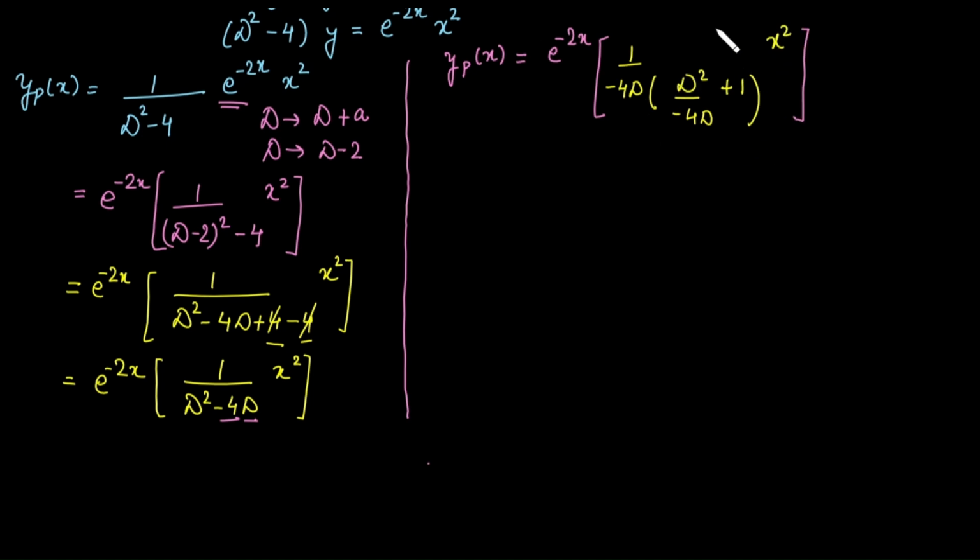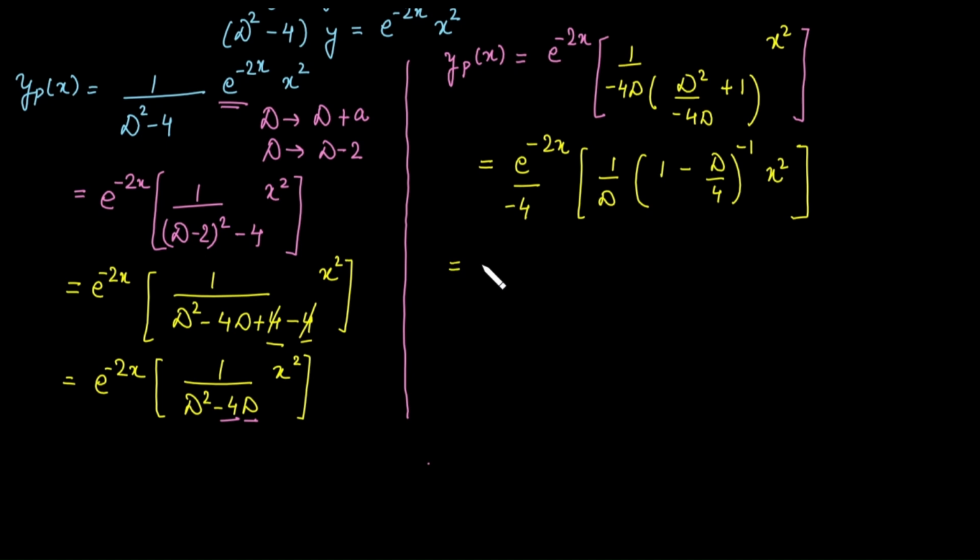Next, take this term in the numerator. This is equal to e raised to power minus 2x. So minus 4 we are taking outside because it is a constant. 1 by D, that is 1, plus minus is a minus. D square by 4D is D by 4, minus 1, into x square.